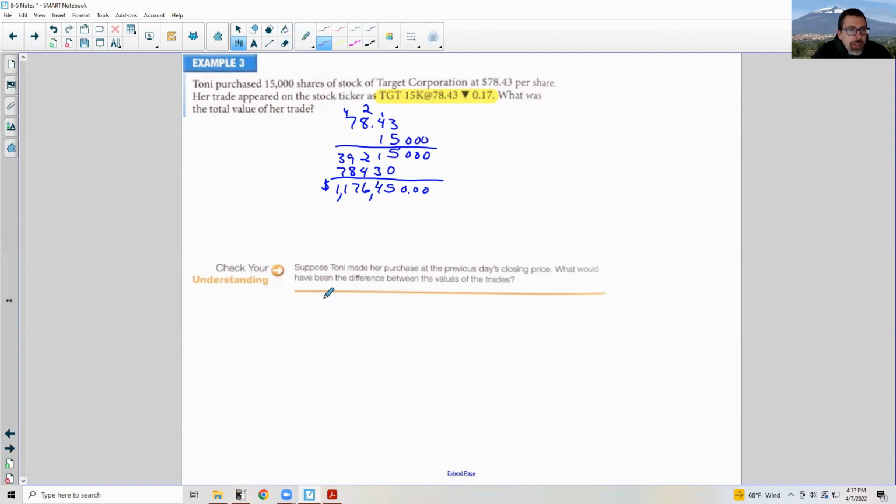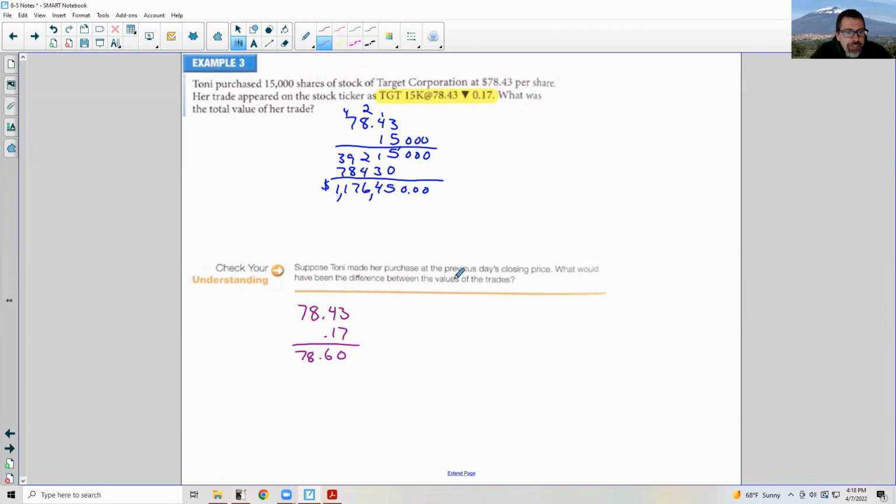And that may not seem like a lot, but it is. $78.43 plus 17 cents is going to equal $78.60.